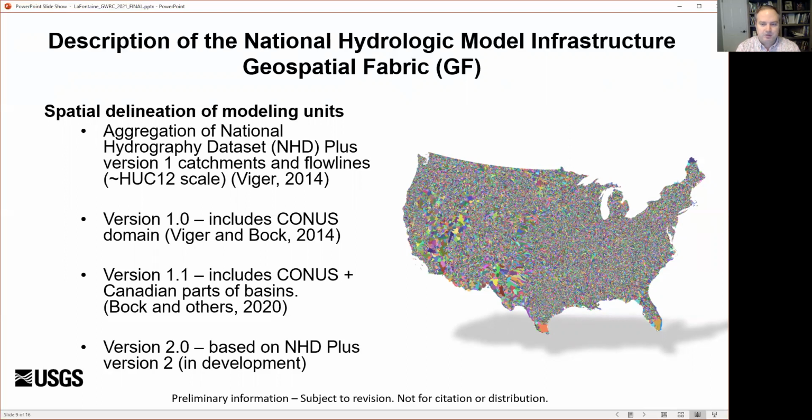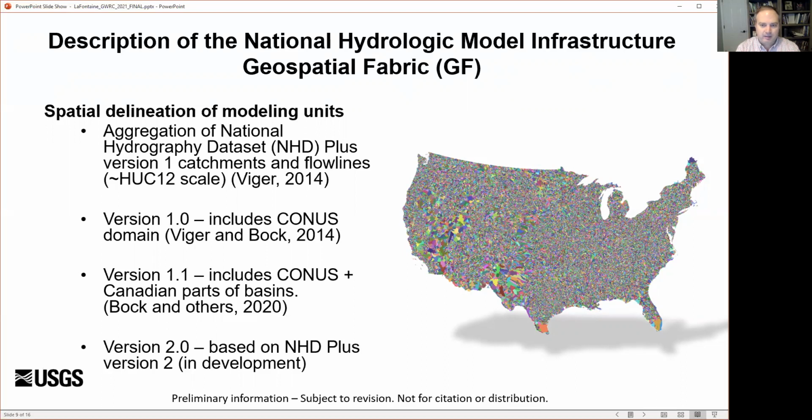At the time we first developed the geospatial fabric, NHDPlus version 1 was the stable version; version 2 was still being worked on. By aggregating up the NHDPlus catchments and flow lines, we work with hydrologic response units and stream segments, which is our terminology.